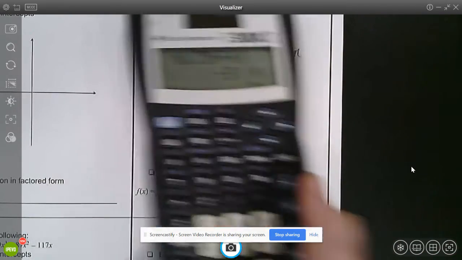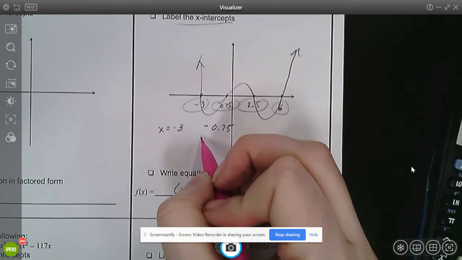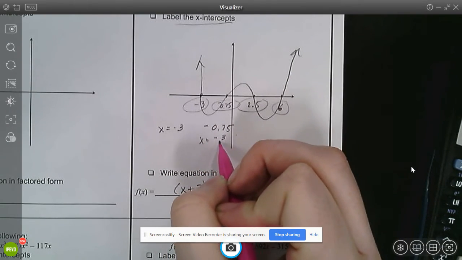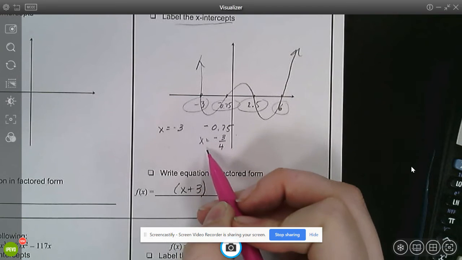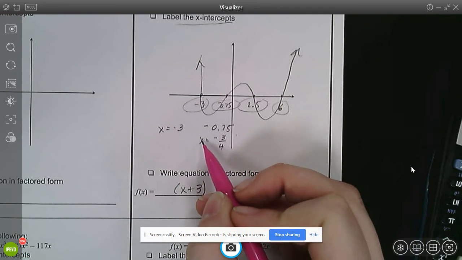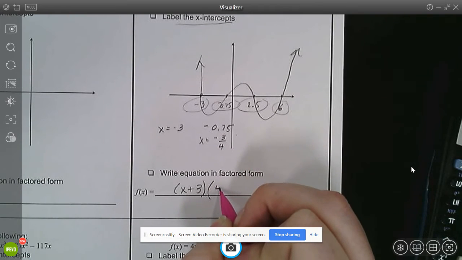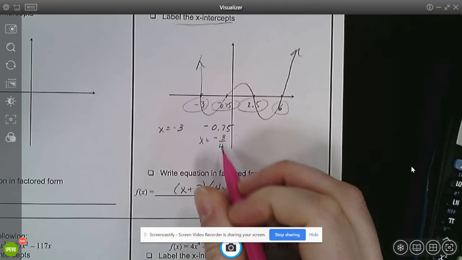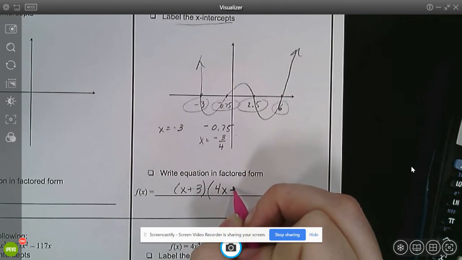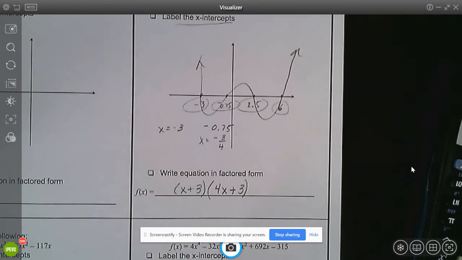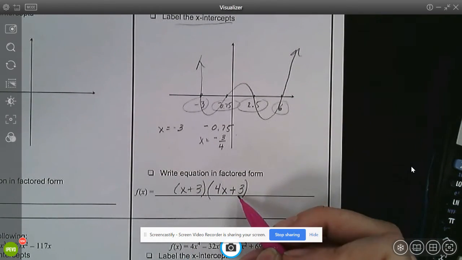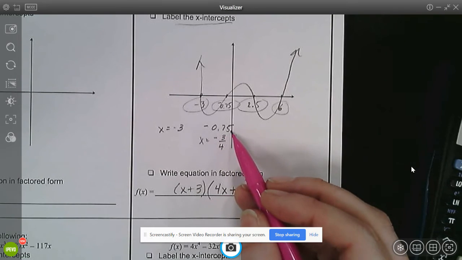So it gives me -3/4. And if you recall, when I want to write this as a factor, I can't just write x plus 3/4. I'm going to take the denominator and write it in the front with the x, change the sign of the numerator, and put it at the end. So that's the factor that would give me -0.75.